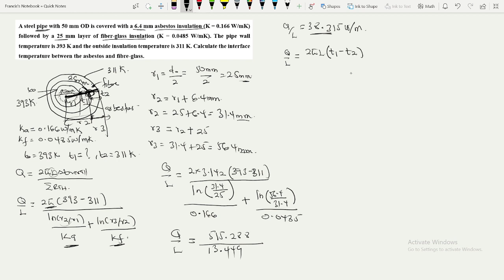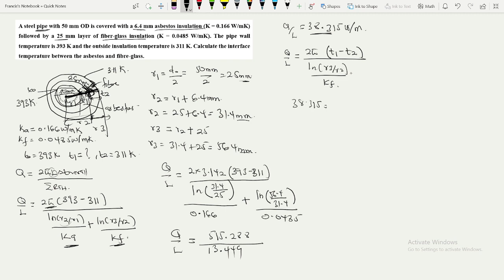The inside portion has 393 and this has 311, so the temperature will be decreasing, and at T1 it will be higher than T2. Because you are looking at heat transfer from this portion to this portion, it's just by conduction, so ln R3 over R2 all over K of the fiber. We know our Q per length, so we can get rid of this L.